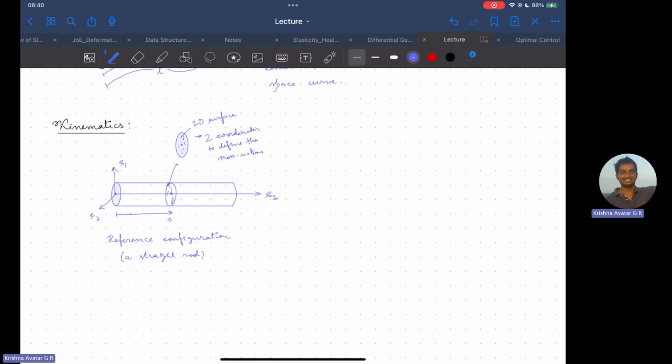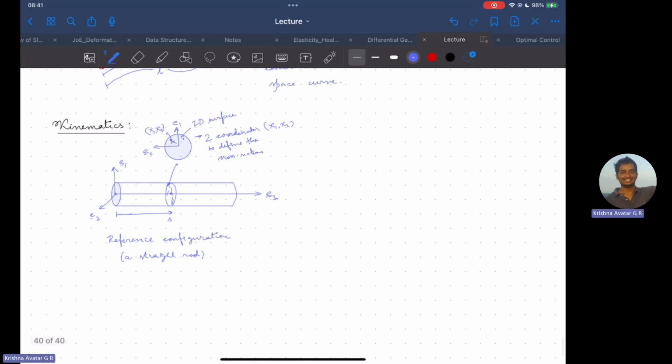This is the E1 axis and E2 axis, and any point is referenced by coordinates x1, x2. So two coordinates x1, x2 define the cross section.